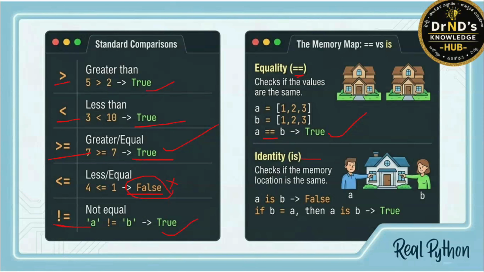If we write B is equal to A, then A is B returns true because both variables point to the same object. Remember, double equal compares values, is compares memory locations.